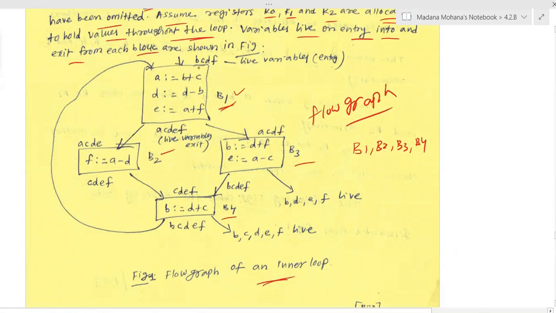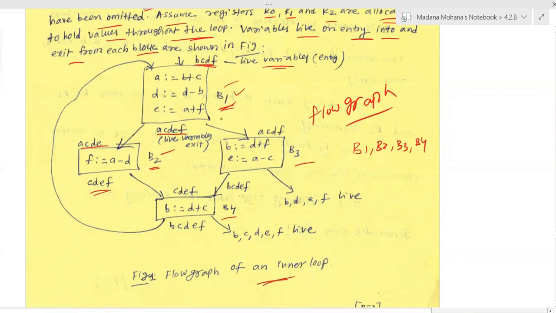Now for every block, two sets of live variables are given. First, for block 1, BCDF. These are all given by the programmer itself; we can't identify them, initially they are given. BCDF are the live variables at entry of B1, whereas ACDF are the live variables at exit of B1. Similarly for B2, the entry live variables are ACDE, the exit live variables are ACDF.